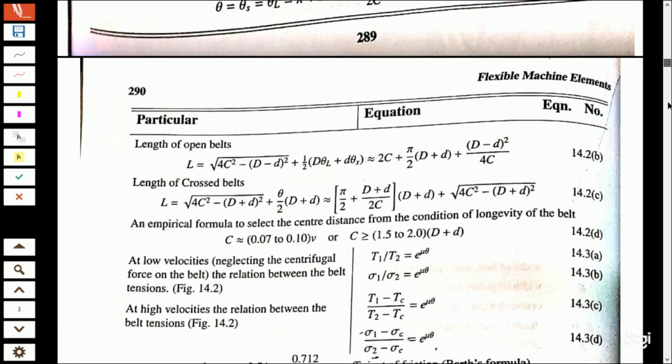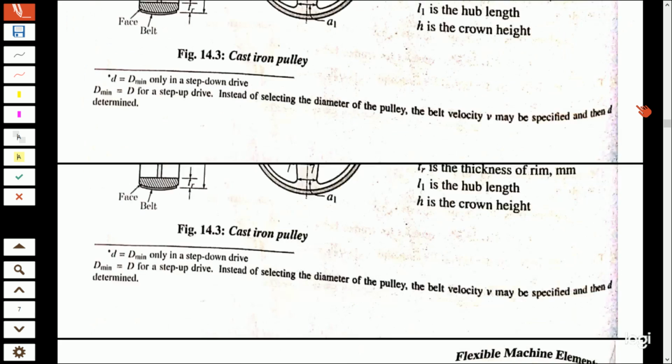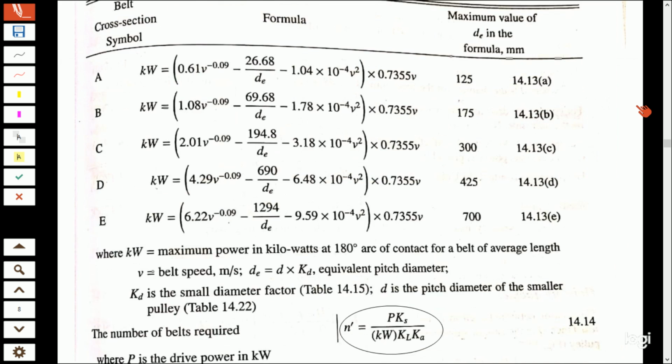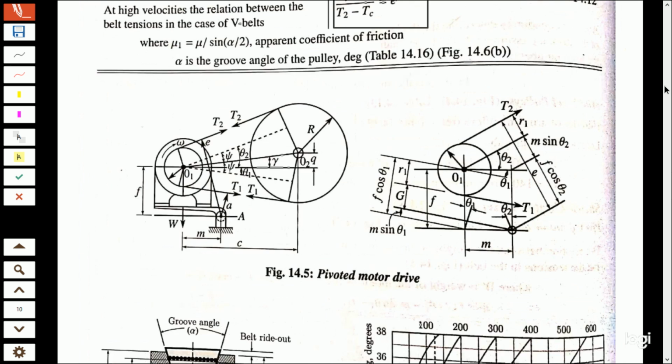Let us move to the equation and see. So the value is going to come greater than 175 and lesser than 300. So you are going to choose the cross section C and you have to use this particular equation for the calculation of kilowatt. That is how you have to select.